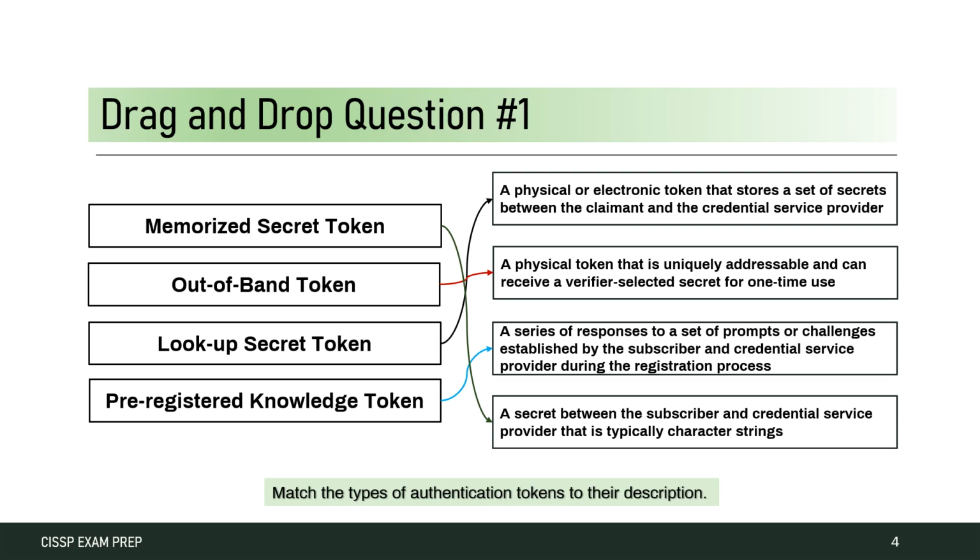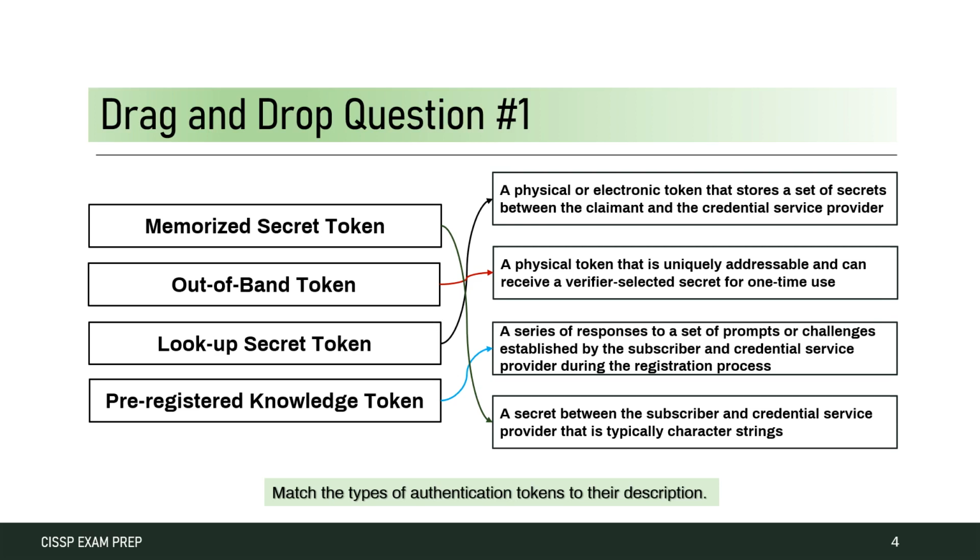And finally, the pre-registered knowledge token is a series of responses to a set of prompts or challenges established by the subscriber and credential service provider during the registration process. So that's how you match the terminology with the actual explanation.